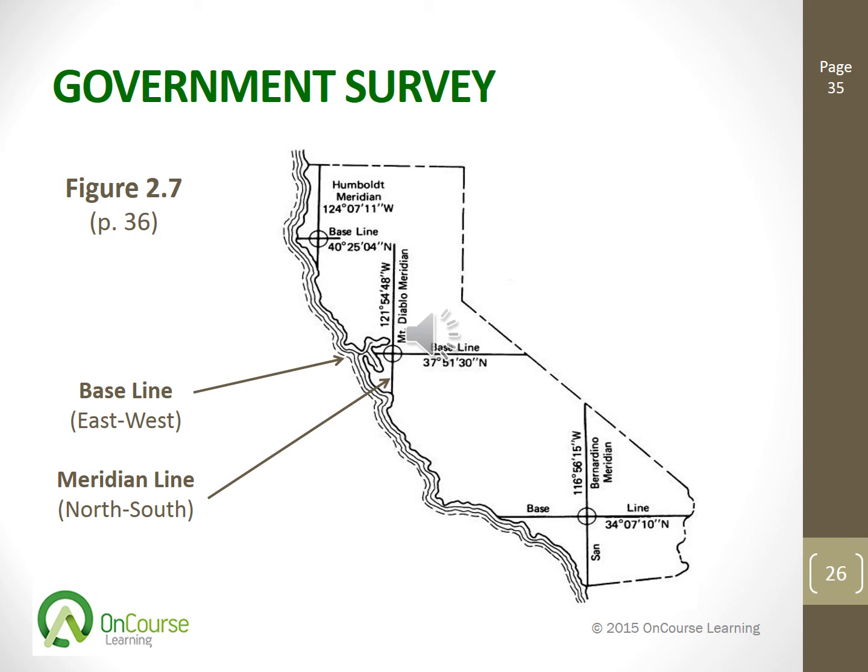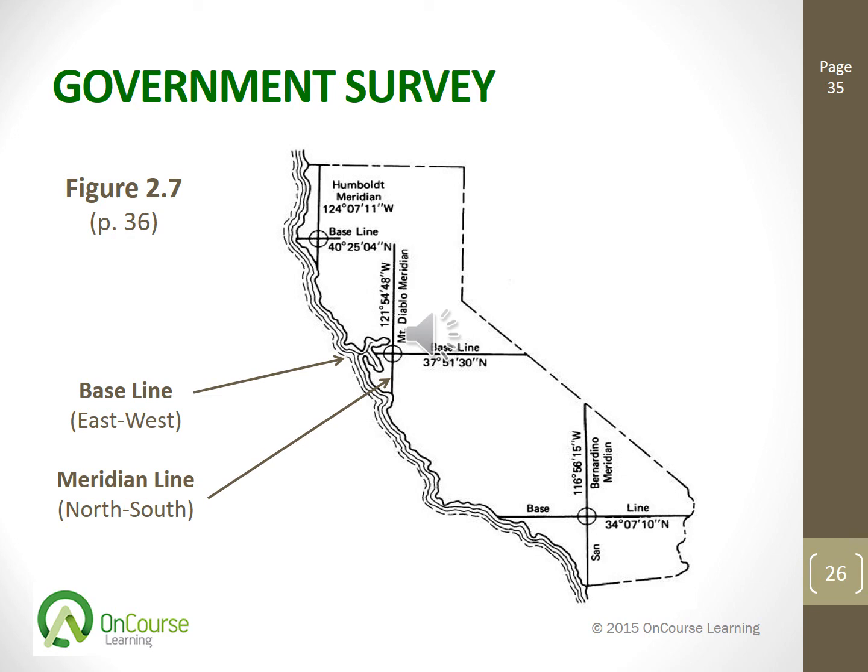Now, I'm in Southern California, so I'm very interested in the San Bernardino meridian and baseline. If you live in the San Francisco area, you're very interested in the Mount Diablo meridian and baseline, and of course if you're up in Northern California, the Humboldt meridian and baseline is very important.